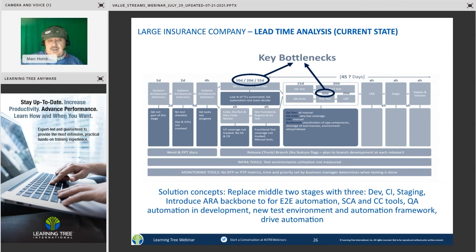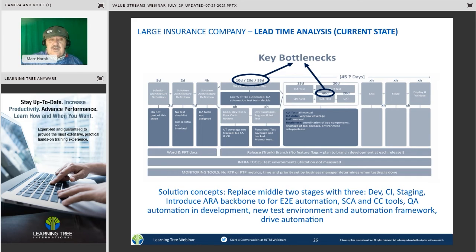Introducing some automation in scanning tools and code coverage tools to give them assurance about their quality. They weren't using those things. They were using some manual methods. And QA automation being employed in development. A new test environment automation framework, using value stream management actually to help drive automation. So those are the ideas.